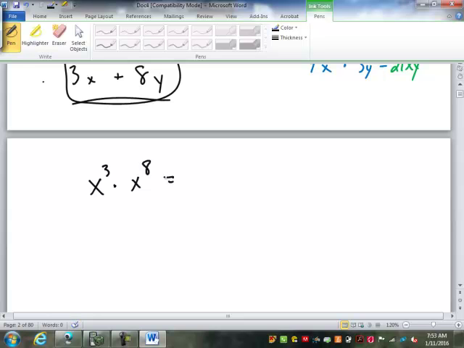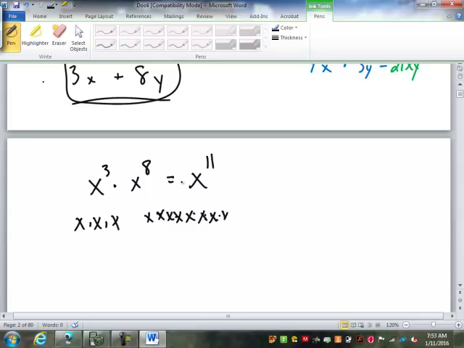Remember these? Exponents, yes. Of course, remember x to the third was just 3 x's multiplied together. x to the 8th is 8 x's multiplied together. But when we multiply them, what do we get? x to the 11th.